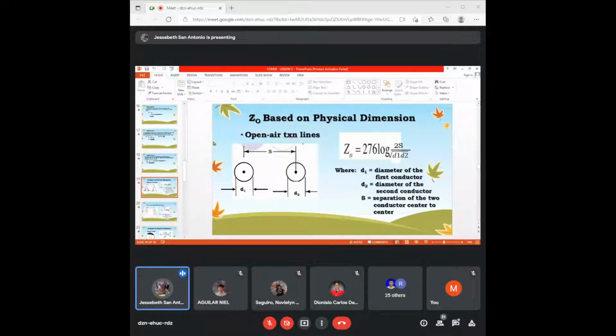Now, if you know the diameter, if you know the dielectric that was used, no? And if you know the transmission lines being analyzed, no? So, let me give you the equations na lang. Kasi mahaba din ang derivation yan. Anyway, you will just arrive at this one or the other one, no?